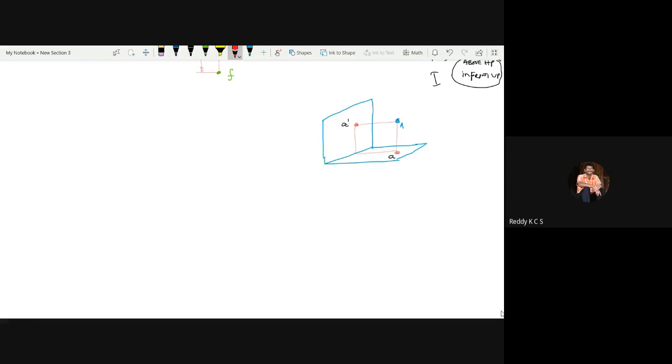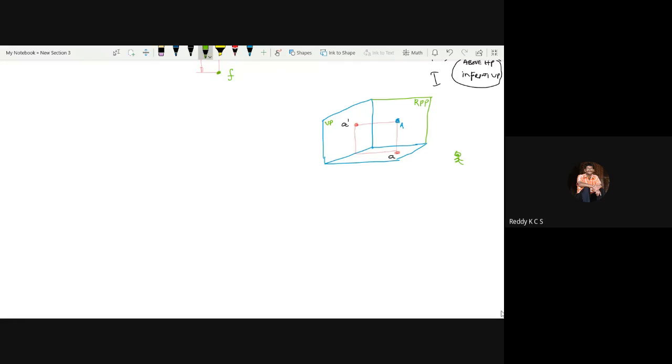So now I'm adding one more plane, which is called the profile plane. The observer is here, facing this vertical plane, and the right side of this observer is called the right profile plane.